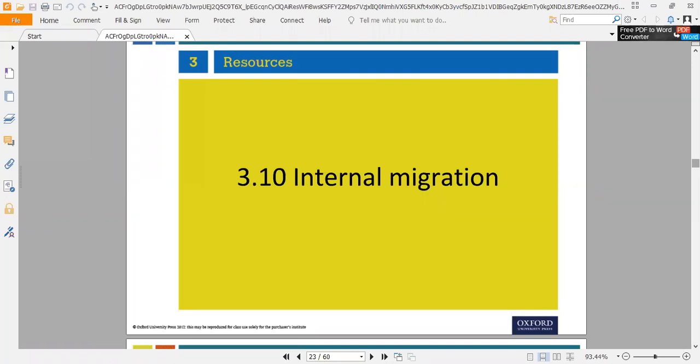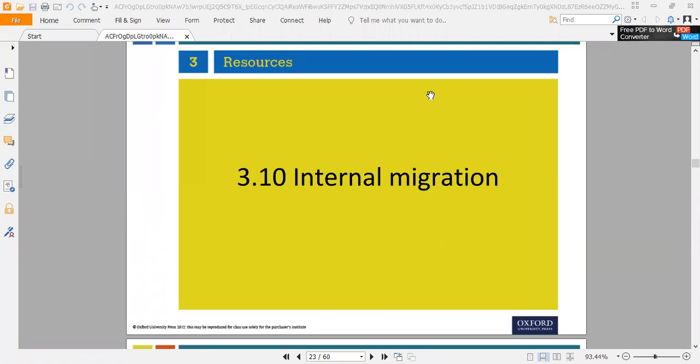Type in the chat. Let me see who knows what's happening. What are the types of internal migration? So we have urban to urban, rural to urban, and rural to rural. Very good, Sparks. So we have urban to urban, rural to rural, urban to rural, rural to urban.